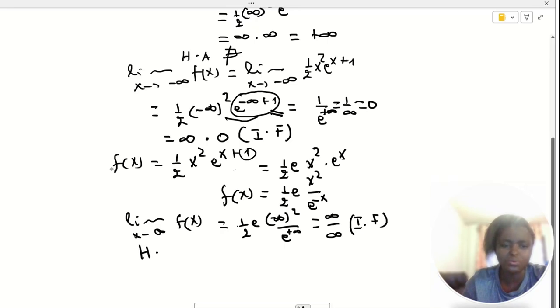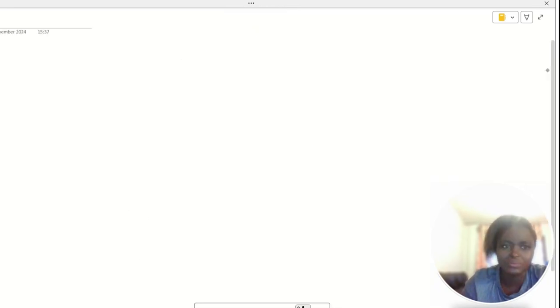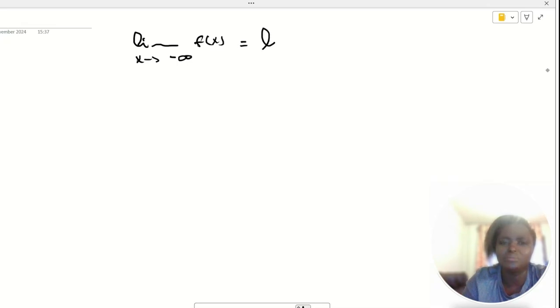We will get the limit when x tends to minus infinity of our function f of x will be equal to the limit when x tends to minus infinity of 1 over 2 e times x squared over e power minus x. Let me write it well. And then we can use the hospital rule.